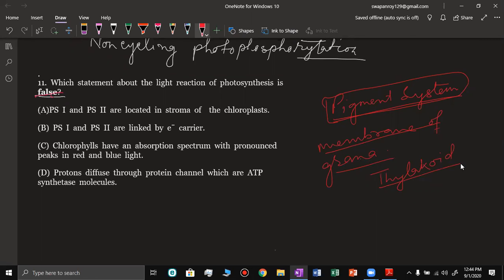All right. So this statement that PS1 and PS2 are located in the stroma is a wrong statement. And so our answer is this one.